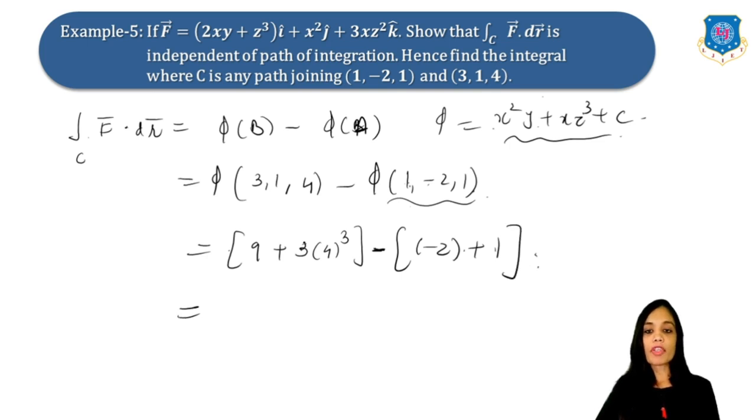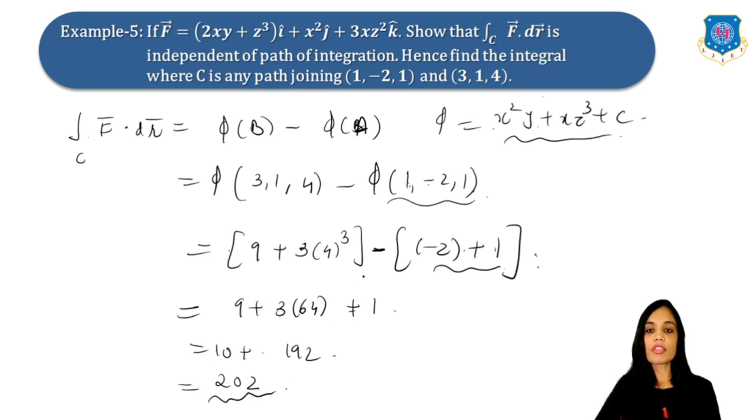So now let us simplify this. This will be 9 plus 3 into 64, and this will be minus 1, so minus minus 1, so plus 1. So 10 plus we will get 192. So the final answer is 202. Okay, so this is the answer of the line integral.